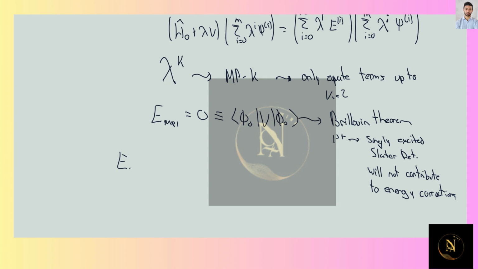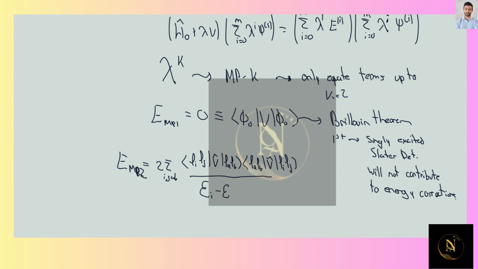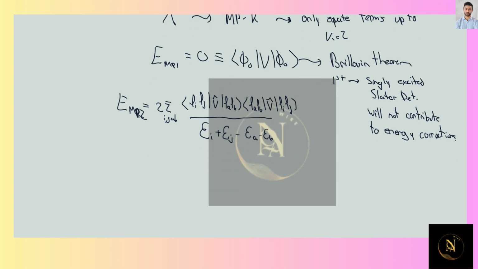And the energy at MP2, let me write it down over here, would be equal to an expression which involves 2 times the sums over i, j, a, b, of the integral ab potential ij over the orbital energies epsilon i plus epsilon j minus epsilon a minus epsilon b, minus a term that is going to correspond to the exchange.